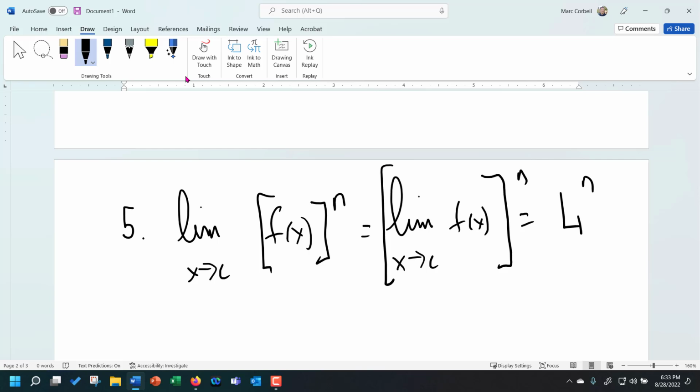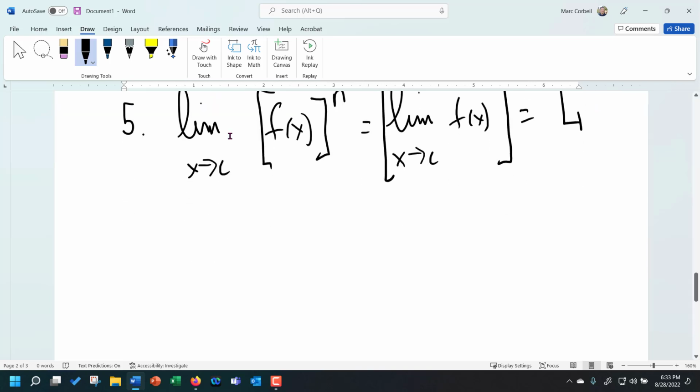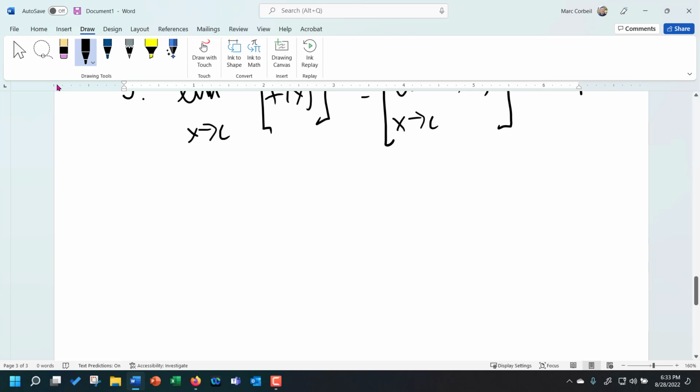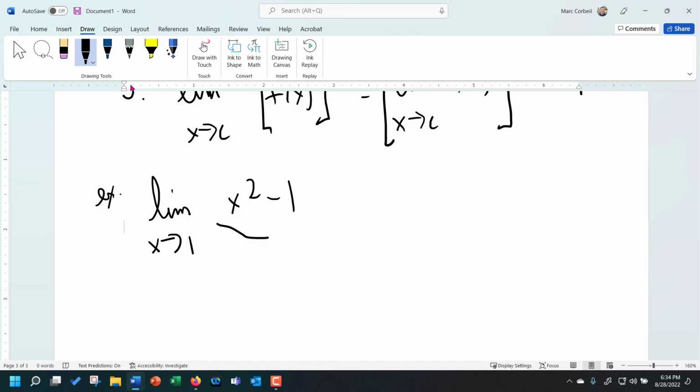Okay, so this kind of helps you out, the limit of a polynomial, the limit of a rational function. So we can do an example of this here. And most times we really don't have to use the properties. So the limit as x goes to 1 of x squared minus 1 over x plus 1.